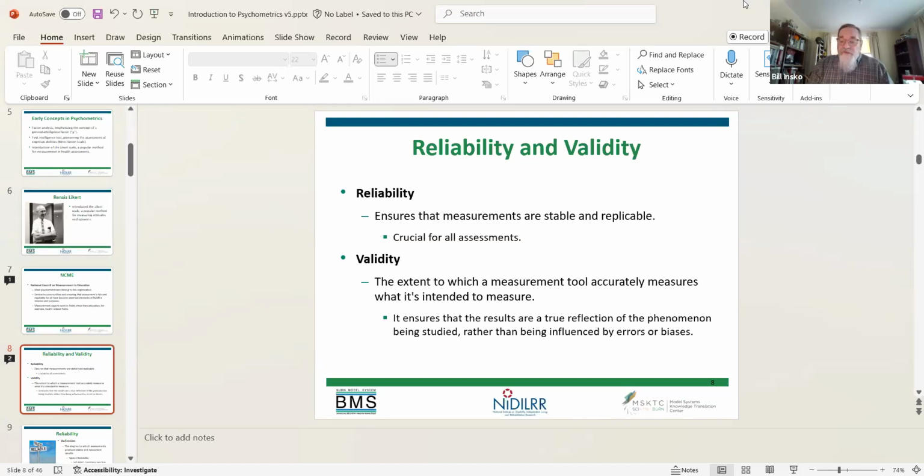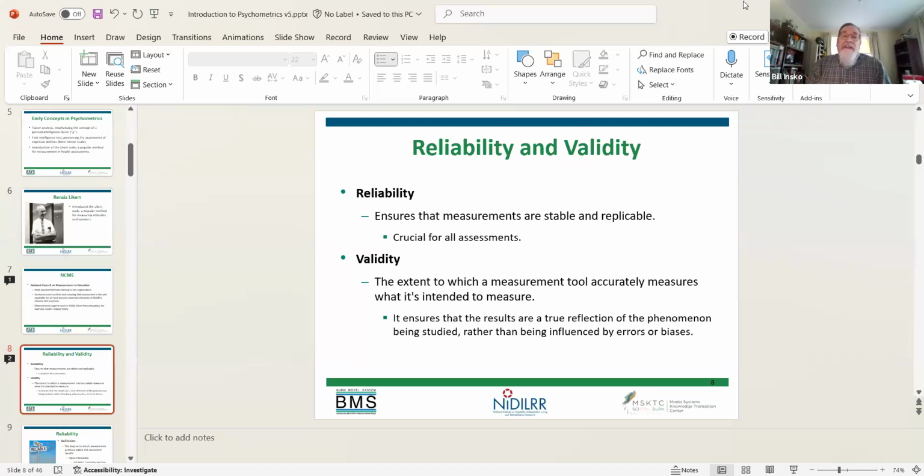These are two very different concepts. One is relatively easy: is this measure consistent? If you have an inconsistent measure, you can imagine chaos. You're not going to be able to measure anything. So at the very least, you have to have a measure that is consistent.